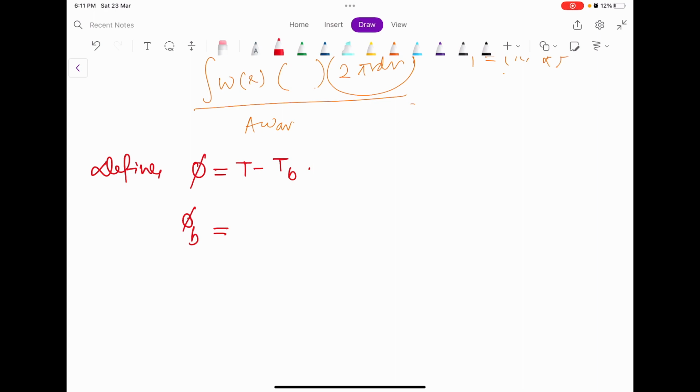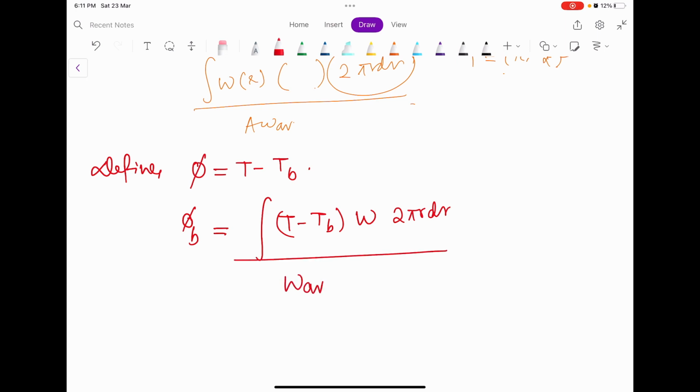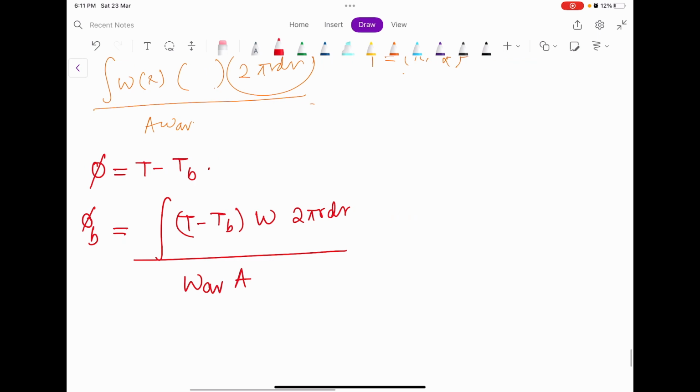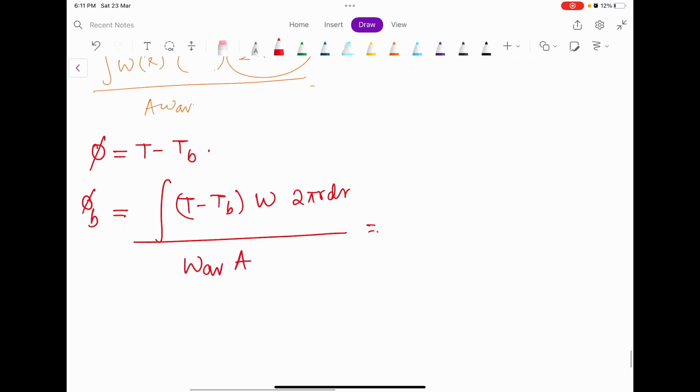So phi b will be the integral of (T minus Tb) W of r. Obviously I am not writing the "of r" thing again. And 2 pi r dr by W average into area, and that you can write obviously from 0 to r.